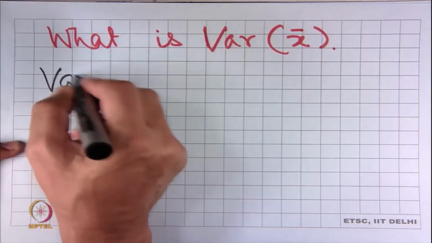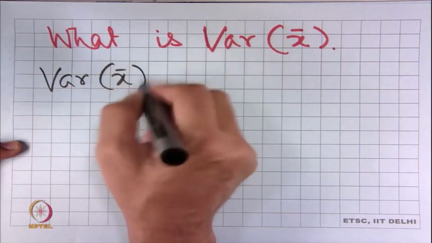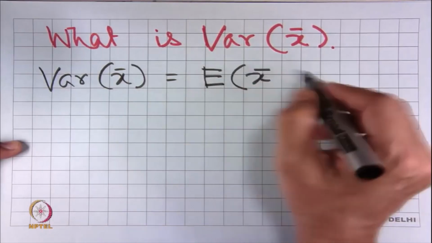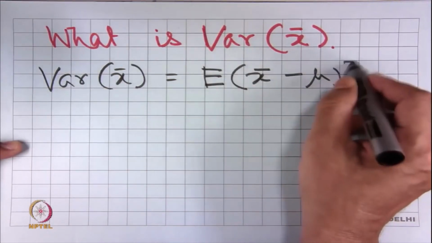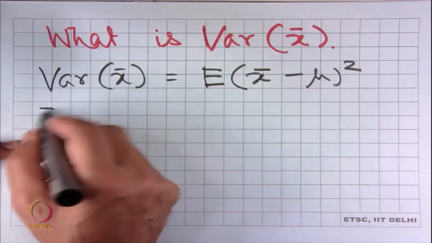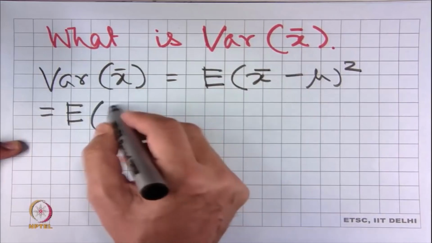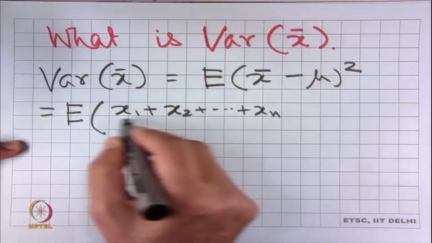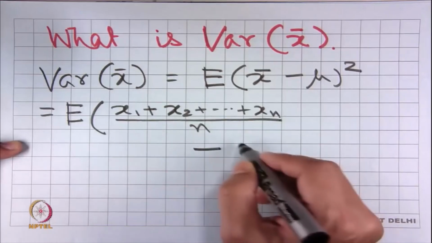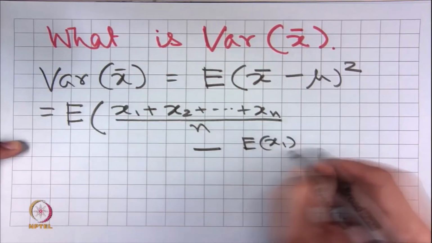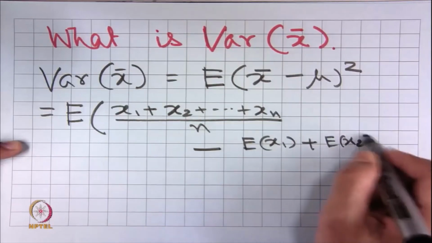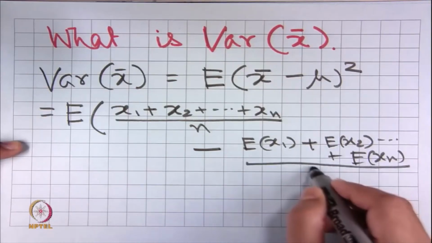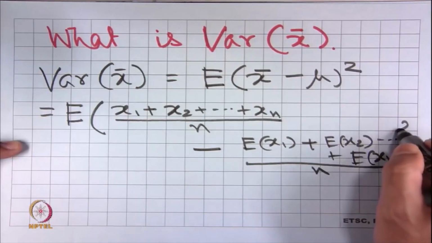We know from definition, variance of x bar is equal to expected value of x bar minus mu whole square, which is equal to expected value of x 1 plus x 2 plus up to x n by n, minus expected value of x 1 plus expected value of x 2 plus up to expected value of x n, divided by n, this whole square.